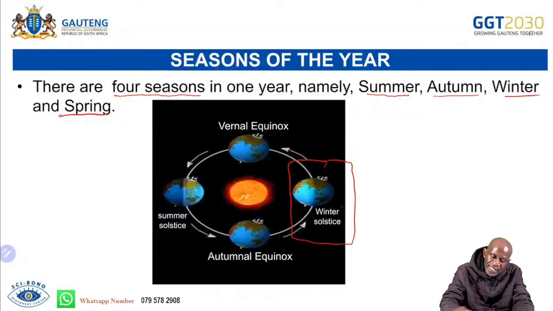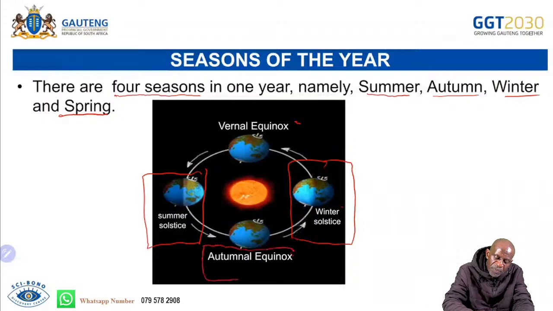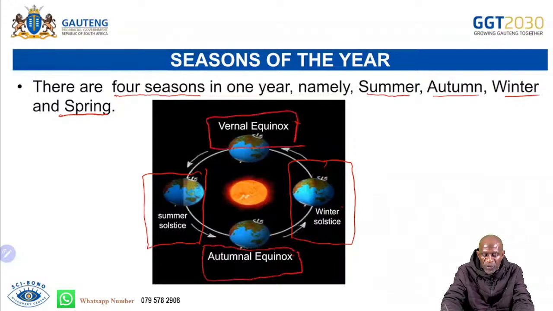So that's why you'll have this represent the winter solstice. This one, which is the opposite, is the summer solstice. And we have the autumn equinox, as well as the spring equinox, which is known as the vernal equinox.